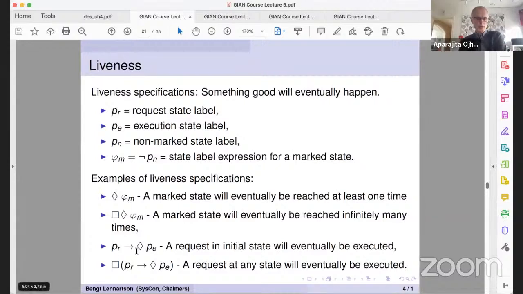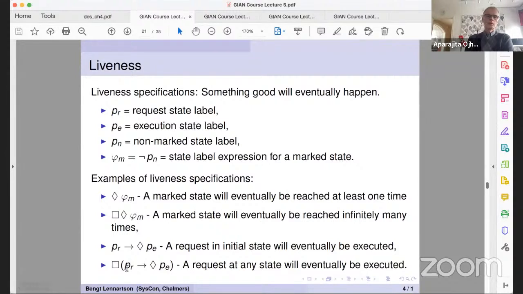Actually, the first one here is something where PR must be valid in the initial state, while if you put an always before, it means that you have a request at any state, that at any state it will eventually be executed. Request at any state will eventually be executed, yes.